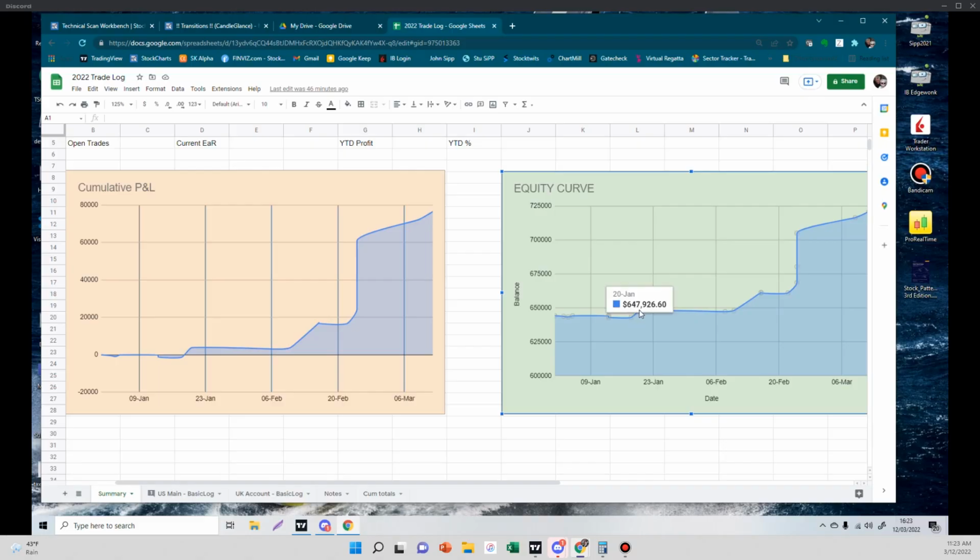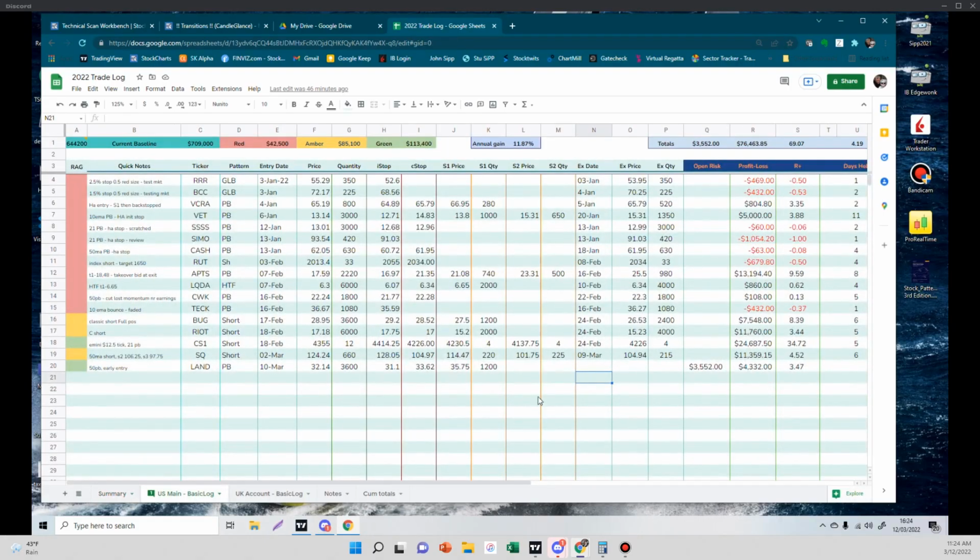Then we got a wee bump up and then slow down, bump up, slow down, and then we had 3 shorts all paid out on the same day, which gives that nice bump up and then a slow drift up really. So reasonable so far, just short of 12% annual gain.